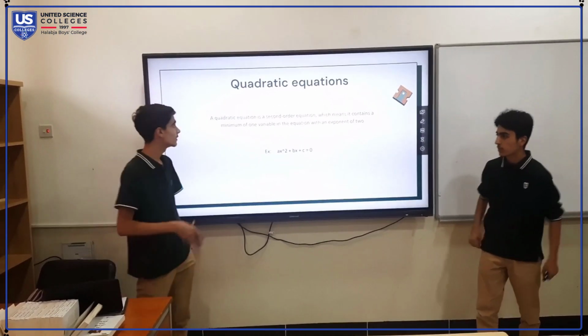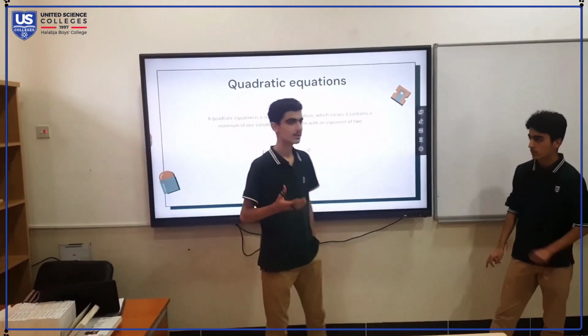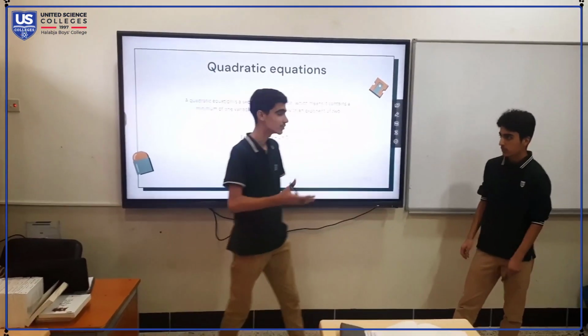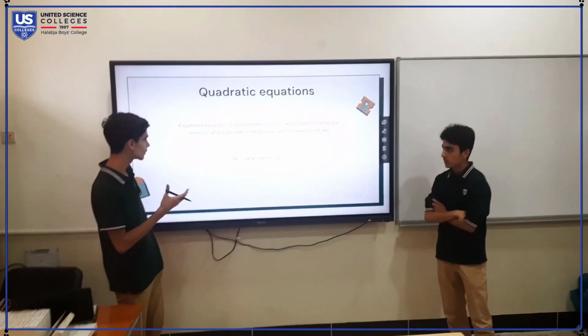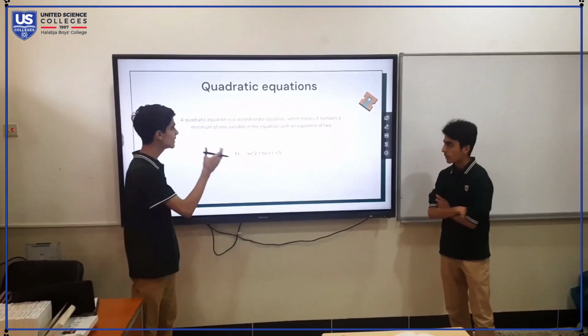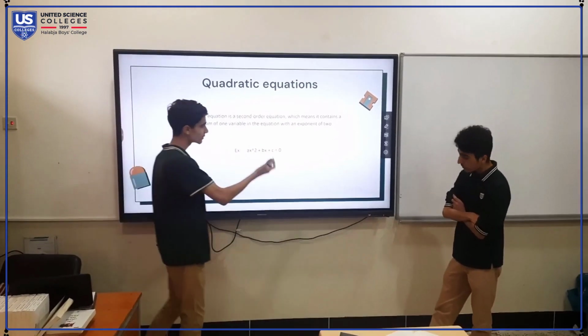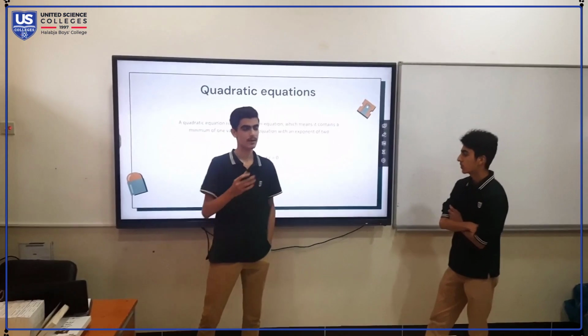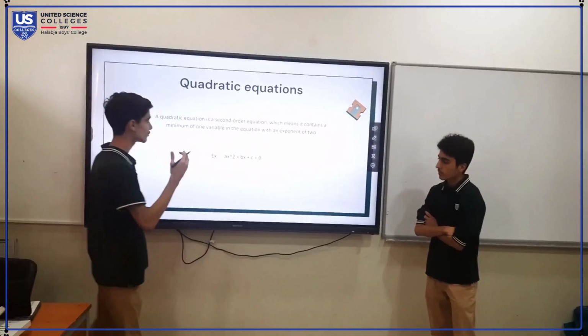The second type of equation is the quadratic equation. We have these equations in order to have more information about equations. A quadratic equation is a second-order equation. What does it mean? It contains at least one variable with an exponent of 2. In the linear equation the exponent was 1, but in quadratic it is 2.